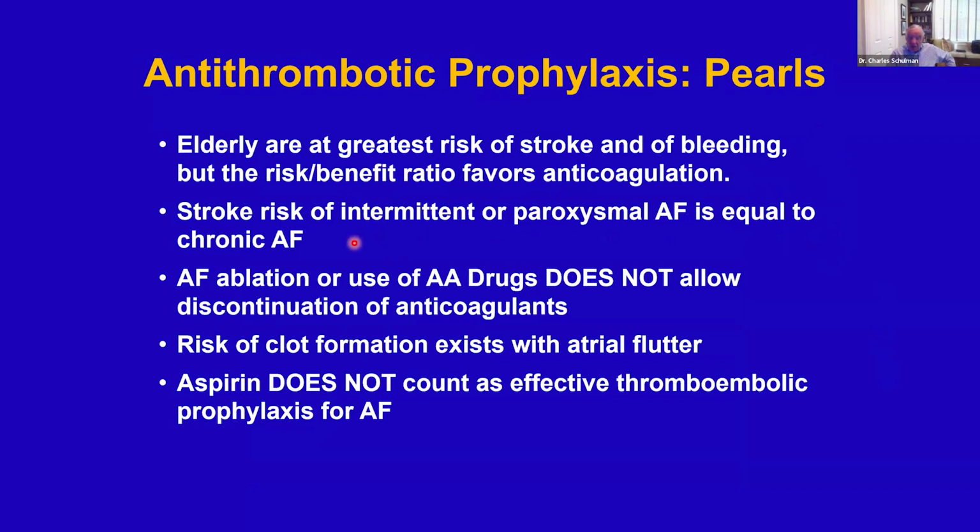That's why we anticoagulate these folks. AFib ablation and/or the use of antiarrhythmic drugs does not allow discontinuation of anticoagulation. There is a risk of clot formation with atrial flutter, and again, aspirin doesn't count.